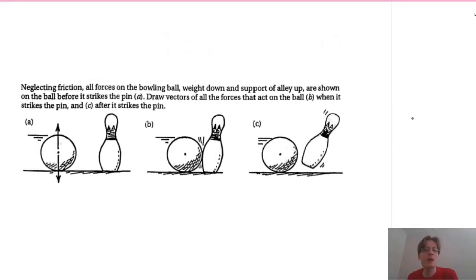Now, to get us thinking about what happens when there is a force on an object, when the forces are not balanced, just so we have a picture in mind, let's look at a bowling ball hitting a pin. Okay, and in picture A, all the forces are shown on the ball. There's the weight of the ball, let's label it weight, and there's an upward force from the floor.